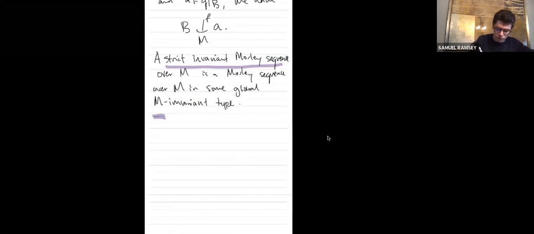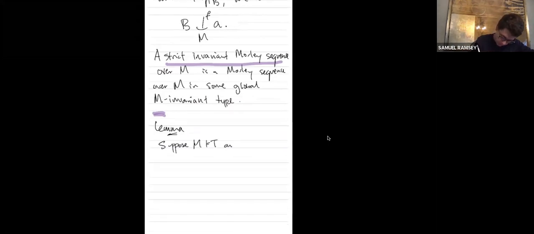So the first thing I want to prove is just that indiscernible types exist. So here's a lemma. This requires no assumptions. It's true in every theory. So suppose M is a model of your theory, and let me say the name of the sequence, A_i, i less than omega, is an M-indiscernible sequence.